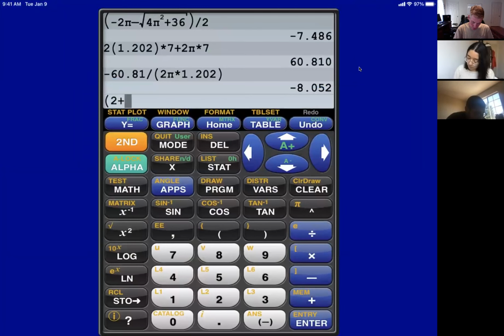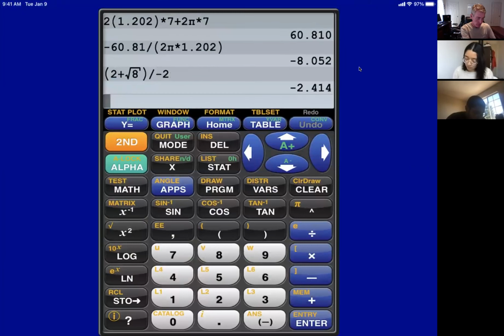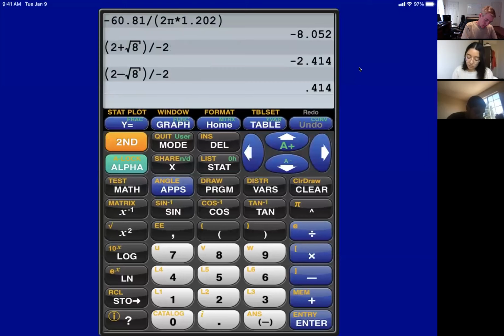So 2 plus the square root of 8 divided by negative 2. Negative 2.414 is one answer. And then do the same thing, but change it to minus the square root. And then that's a 0.414.